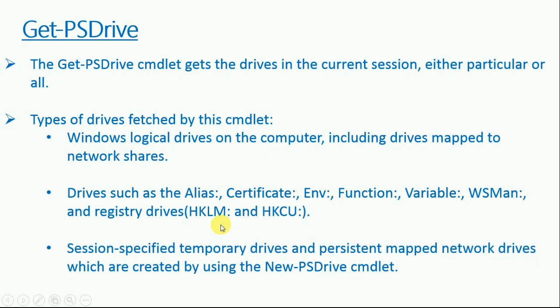And if we have created any PS drive using the cmdlet called New-PSDrive, those also will get listed over here. Those may include either a temporary network drive or a persistent mapped network drive. So we will be able to get all those in the list.